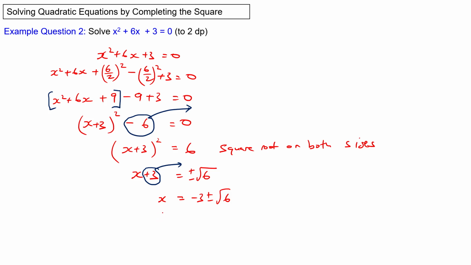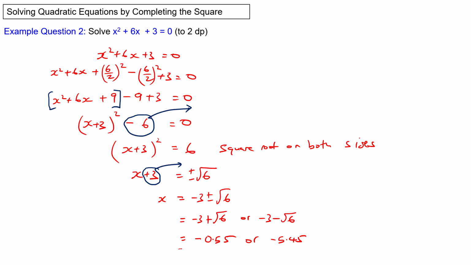So we carry on and we say that's equal to minus 3 plus the square root of 6, or minus 3 minus the square root of 6. Got 2 answers, which is going to leave us, when we put it in our calculator, with either minus 0.55 or minus 5.45.